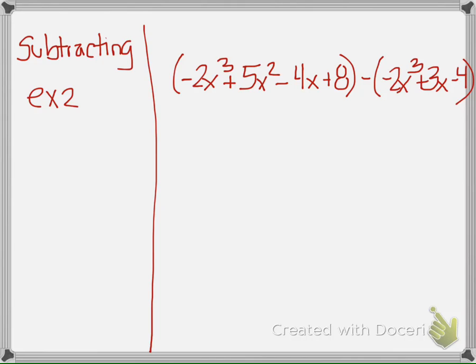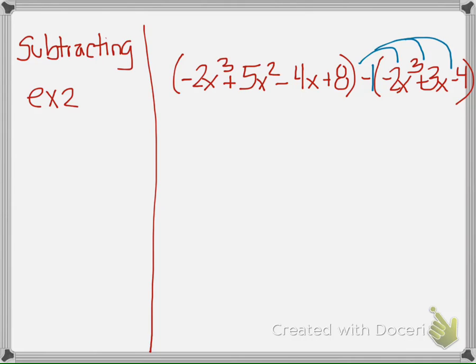Alright, Algebra 1 class, go ahead and copy down subtracting example number 2 up on the board, and pause the video to try it out. Hit play to see the solution. So looking at this problem, for the solution, I want to remind you again, when you're subtracting, there is an invisible 1 here, and we need to distribute.